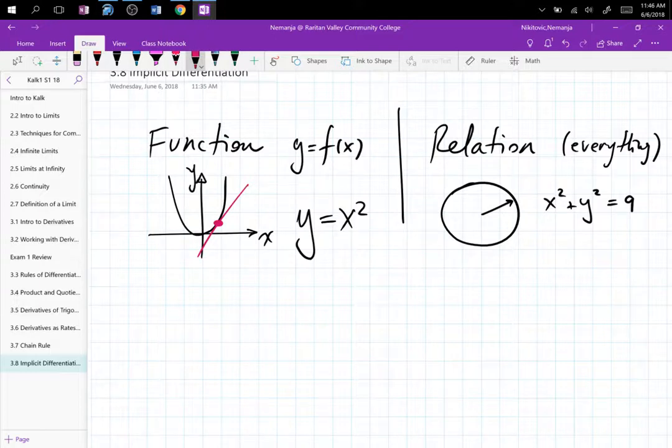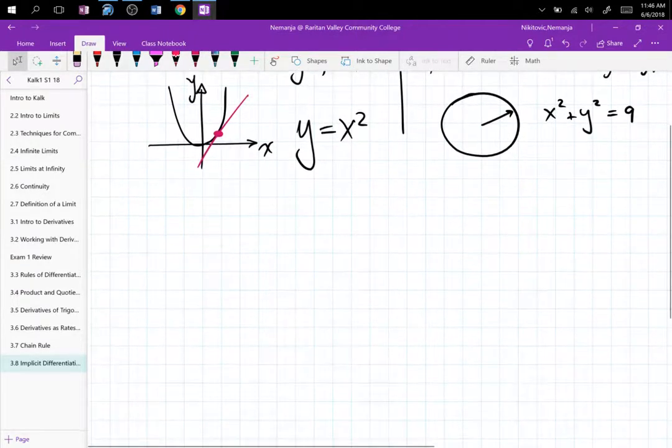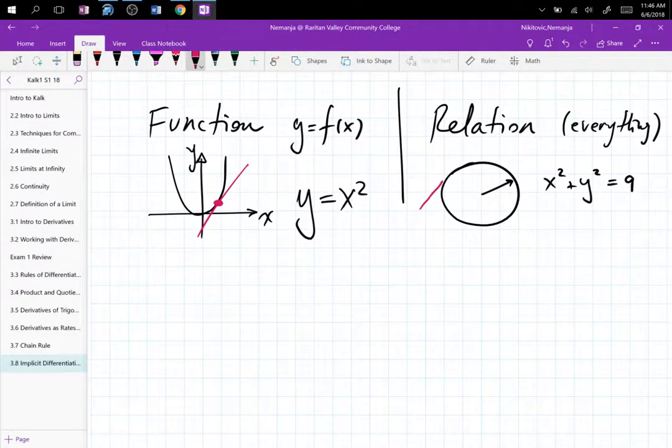And to find the slope of the tangent line, you need the derivative. Now, I am able to draw a tangent line for a circle. If I have a tangent line, that tangent line has a slope. And if you have a slope of the tangent line, that means there had to be a derivative that gave you that slope. So that means that there is a derivative procedure for that which is not a function.